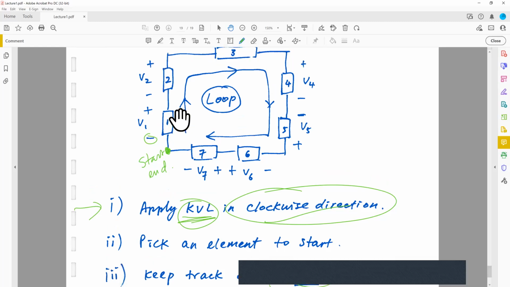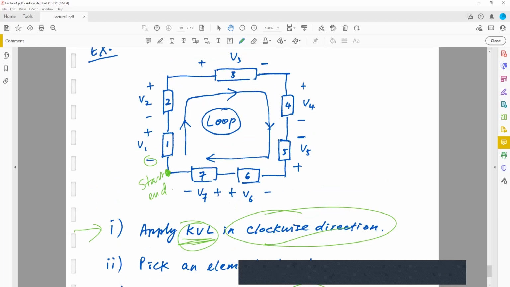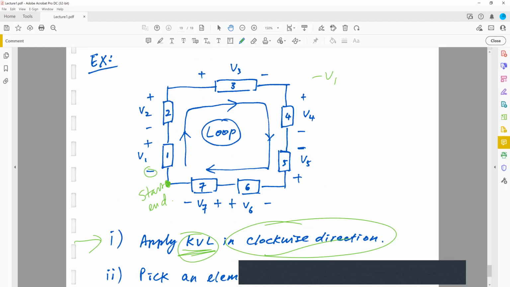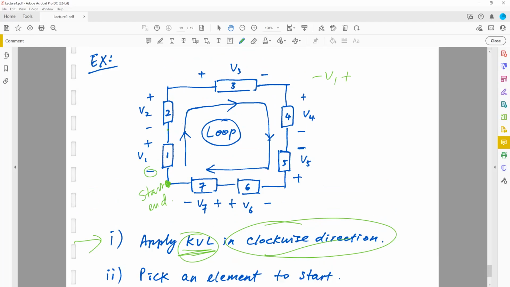The first sign that I see associated with this element, I know I'm going to have some negative voltage, minus V1. But keep in mind, it's algebraic sum, so algebraic sum tells me I need to plus. Plus what? Well, plus the voltage drop associated with the next element. But again, when I go up, I see negative again. I'm keeping track of the sign, so I'm going to have minus V2.